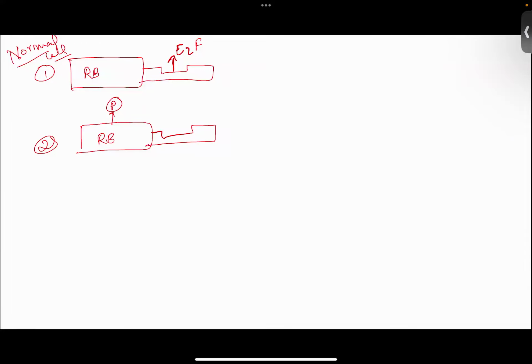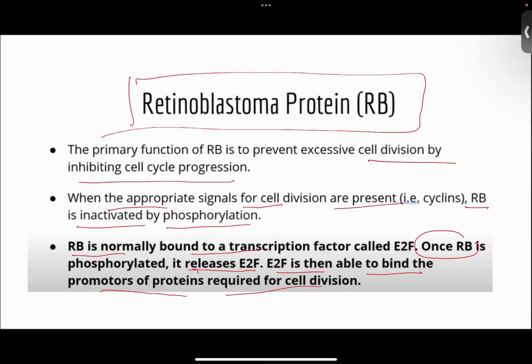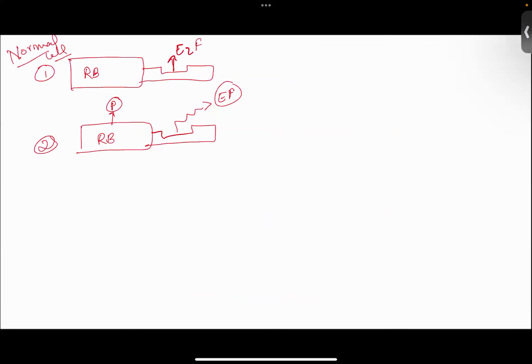So this is a process of the cell cycle. RB releases E2F. So what does this E2F do? E2F is able to bind to the promoters of the proteins that are required for cell division, and that leads to cell division.